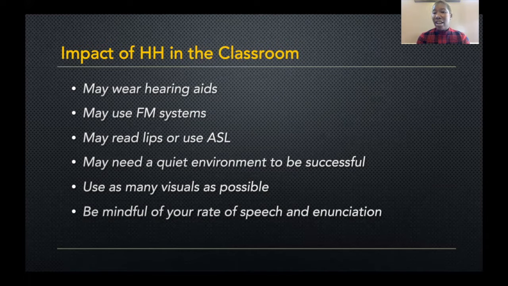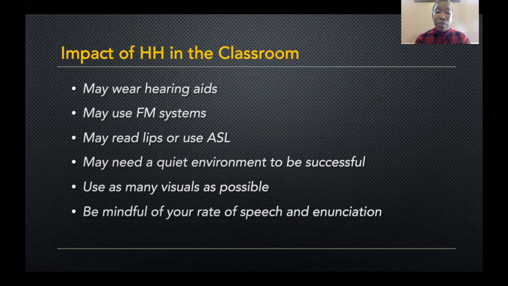So this is the reverse of the case of a student who is visually impaired, where they compensate for their loss of vision by relying on auditory information. In this case, to compensate for hearing loss or being hard of hearing, a student may need to rely on more visual information.